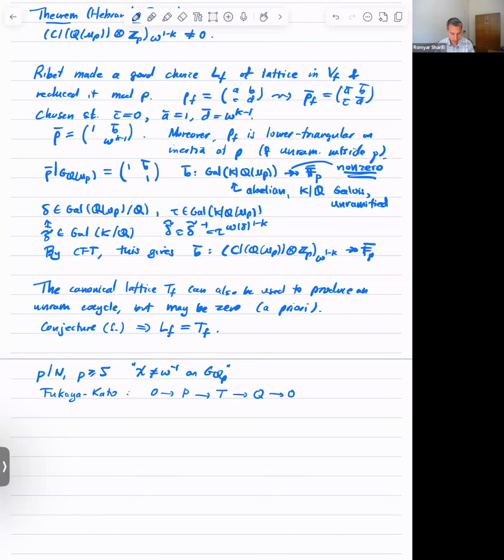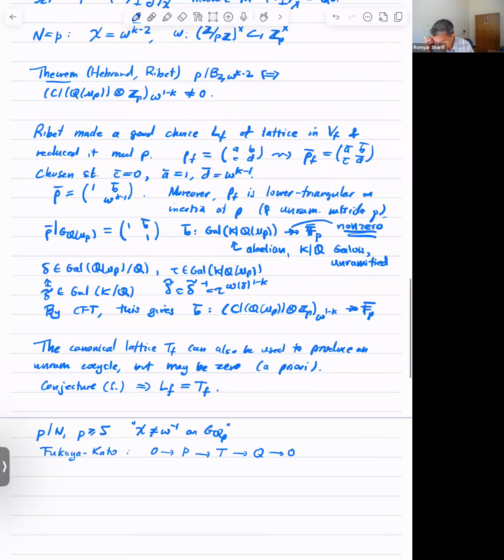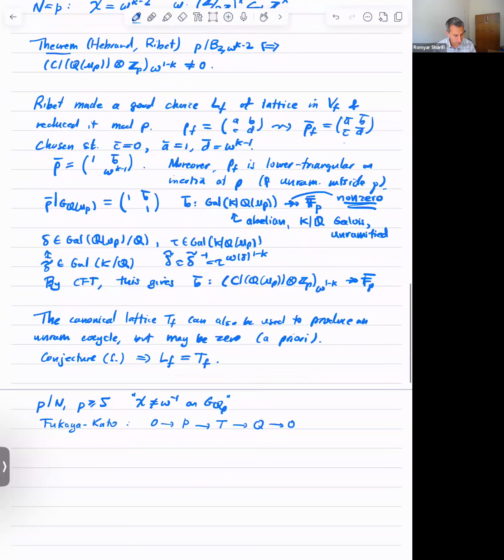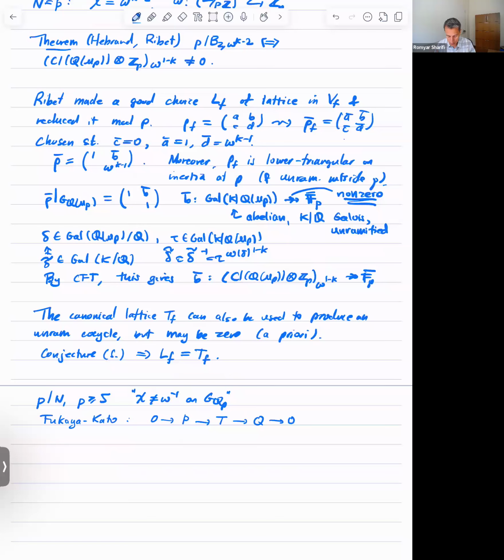This is a picture of what I drew above. In fact, if you take the reduction modulo the lattice and you look at this C bar, it's actually 0 in this case. But that doesn't mean B bar is non-zero.